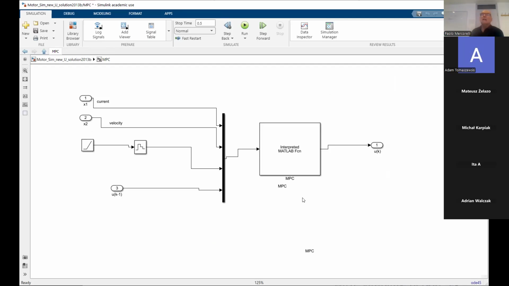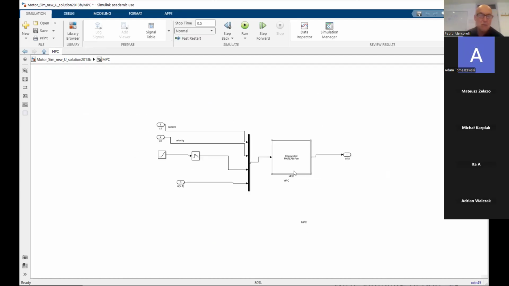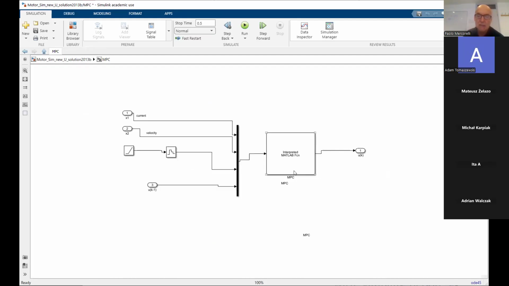It's not an embedded system. It's just interpreted. Basically the same, but with the embedded, you are probably used to working with it, and sometimes with embedded we avoid some strange structures. But anyway, current, which I measure, velocity, which I measure.